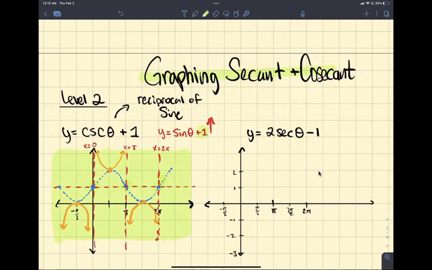So one thing you gotta notice, our amplitude is 2, and our vertical shift is 1 down. So that means my midline is at -1. You're gonna have your midline down here.